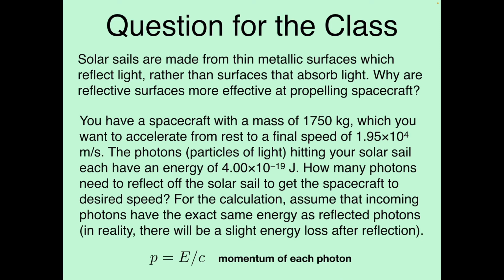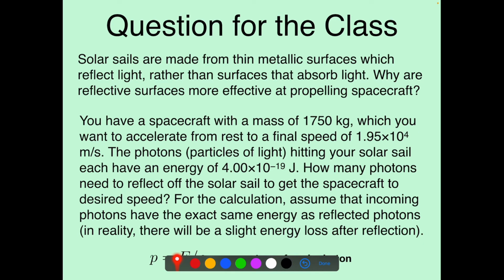And then as a follow-up, let's say you have a spacecraft with a mass of 1,750 kilograms, and you want to accelerate it from rest to a final speed of 1.95 times 10 to the 4 meters per second. The photons, that is the particles of light that hit your solar sail, each have an energy of 4 times 10 to the minus 19 joules.